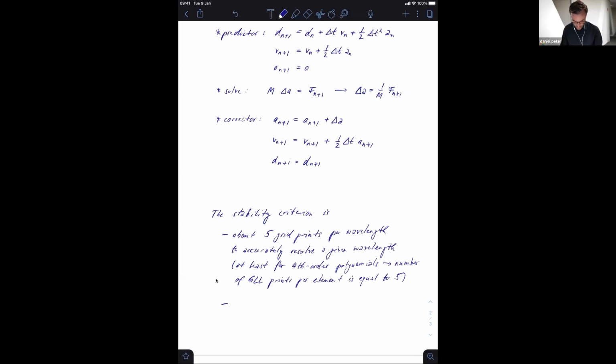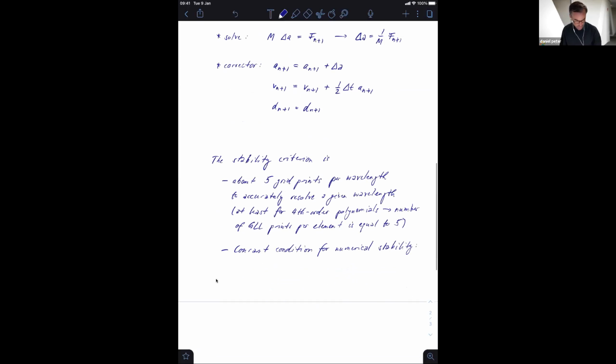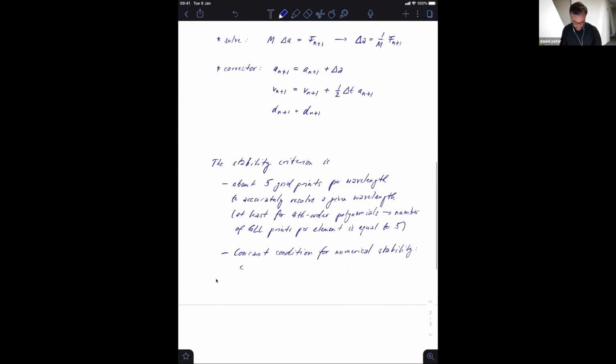And then the stability condition, or the so-called Courant condition. For numerical stability, that's pretty much the same that we had figured out in our analysis about numerical stability.